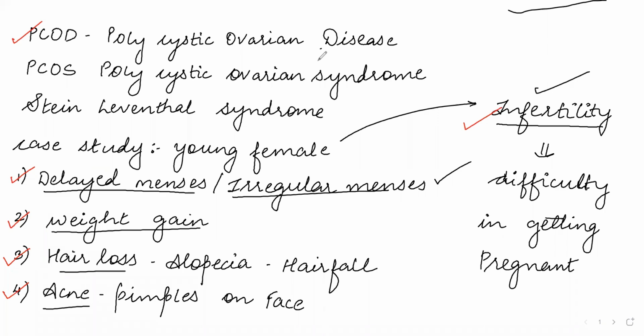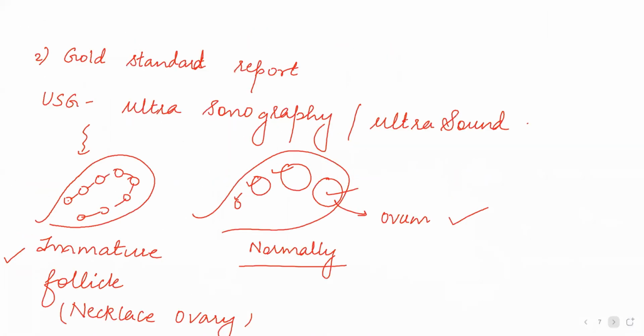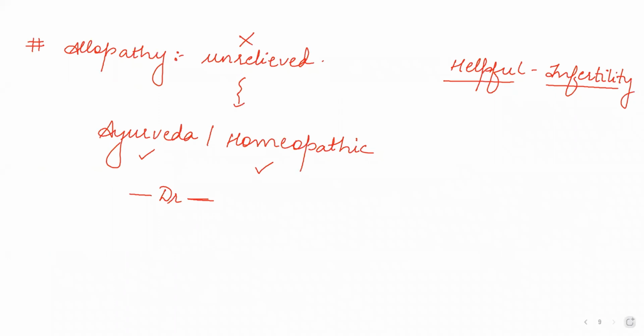Sir, somebody has written in the chat box. Okay, wait, let me check. All right, biotin supplements. Okay, we have a doubt with respect to biotin supplements. Ideally, what we do is for hair fall.